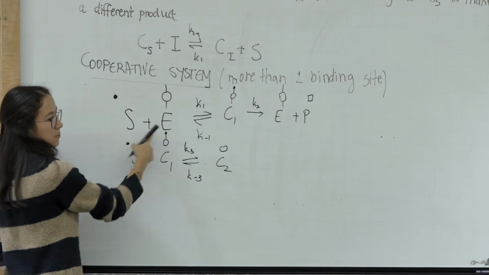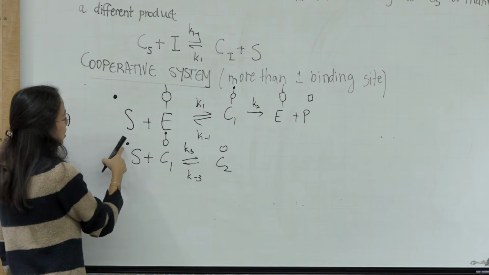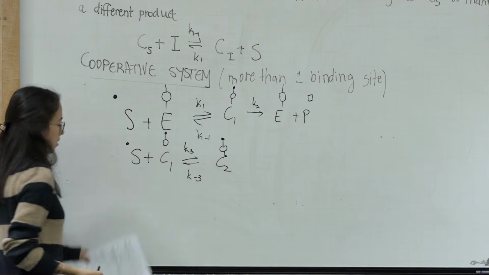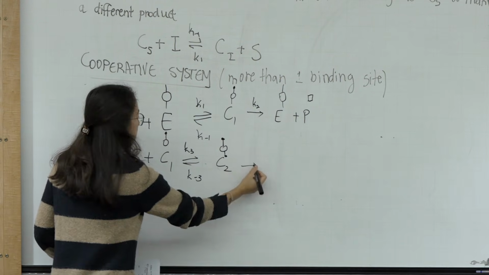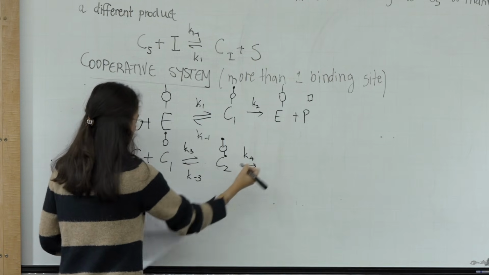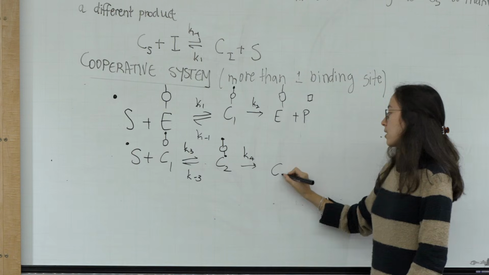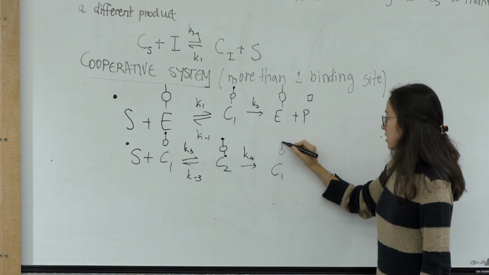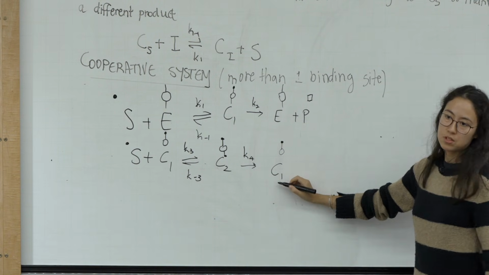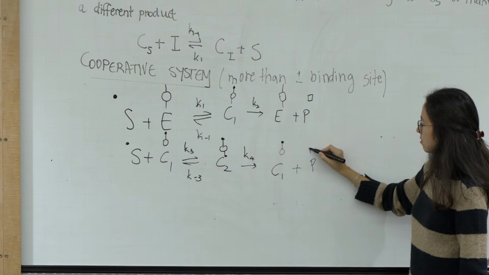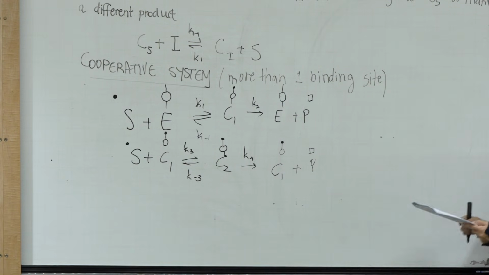It has the original substrate, and it also manages to have the second substrate bound on it. And then I have some fourth reaction rate. And then it's C1 now. So remember, C1 can also act as a catalyst, which means I have this back to its original form, plus some product, which is this. So this is a cooperative system.